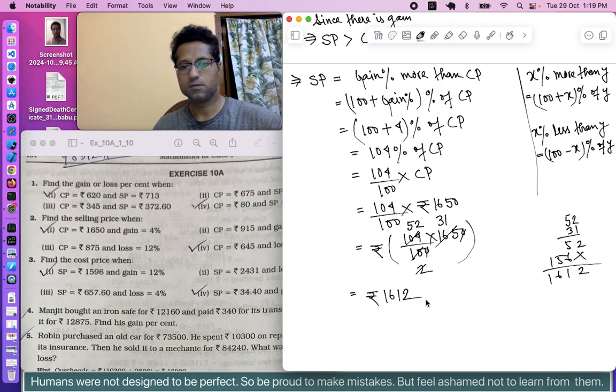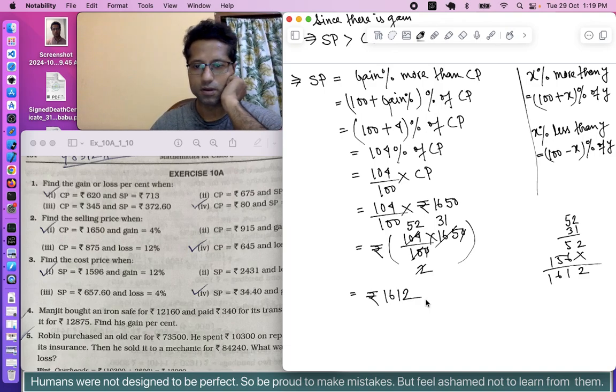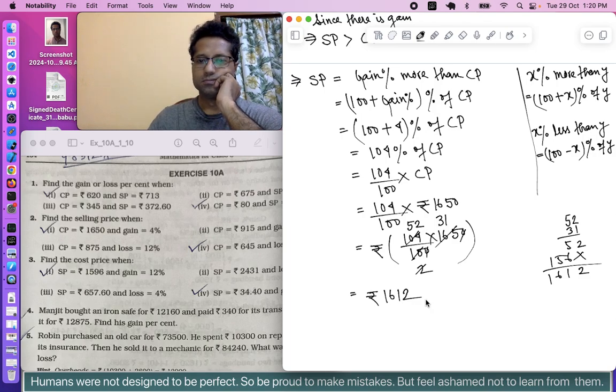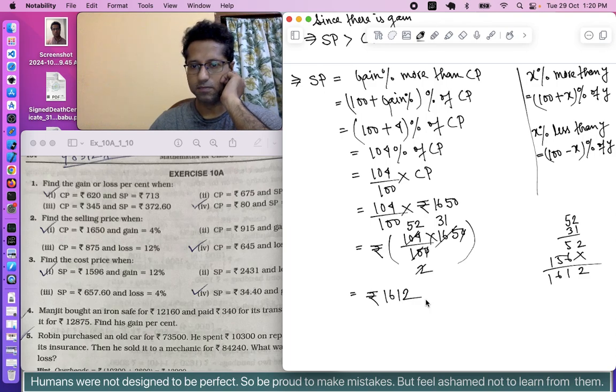How can this be? Something is wrong that I have done. 1612 is less than the cost price. Cost price is 1650. The selling price must be greater than 1650. 104 divided by 100 multiplied by 1650.